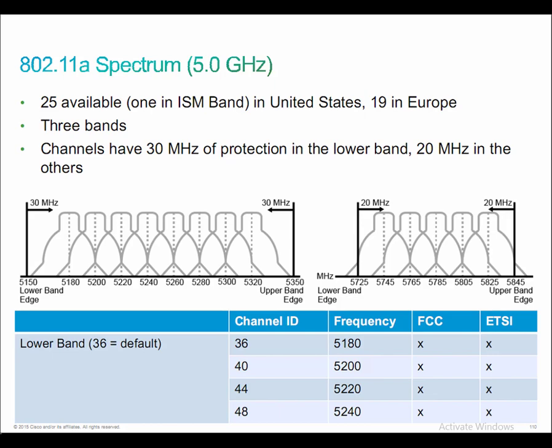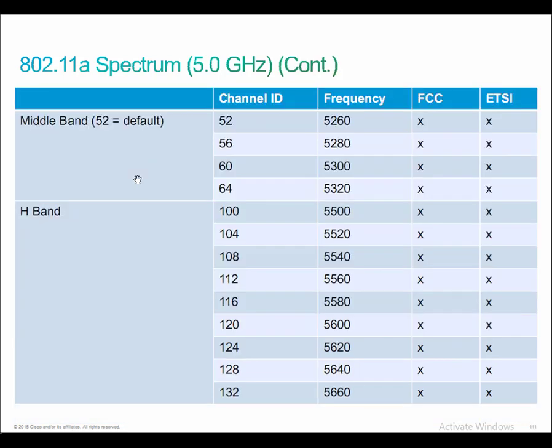So we see the different frequencies. Remember, this is the lower band that you're looking at here, where 36 is the default channel. Then you get into the middle band and the H band, where we have 52, 56, 60, and 64. You're seeing the center frequency for each of the channels, 5260, 5280, 5300, obviously separated by 20 megahertz each.